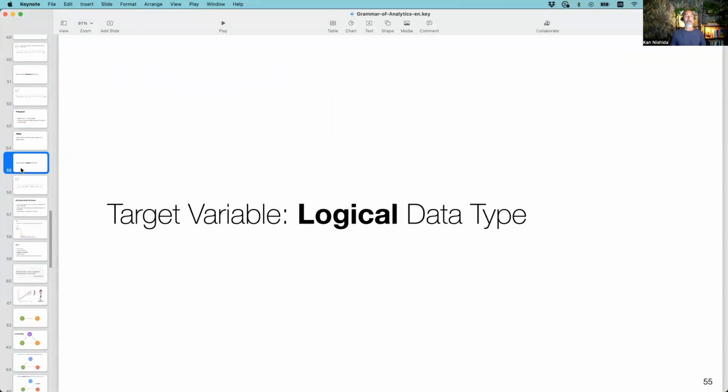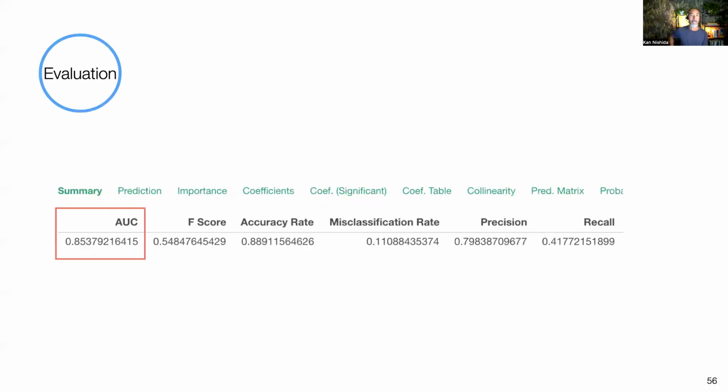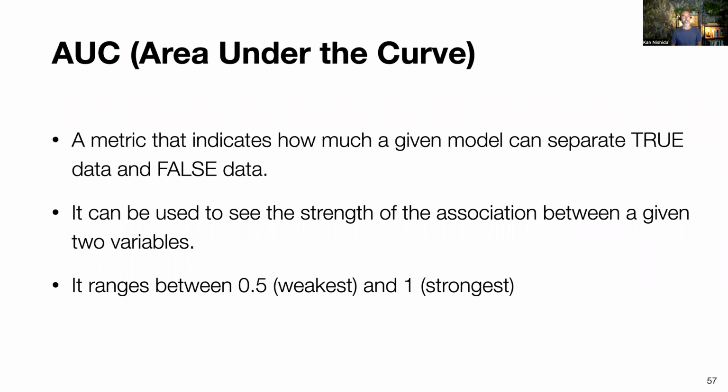But if the target variable is logical, like converted or not, or quit or not, then you want to see AUC. This is a whole other topic. I'm planning to do a seminar around AUC in the future. But today, let's understand this as similar to R square.